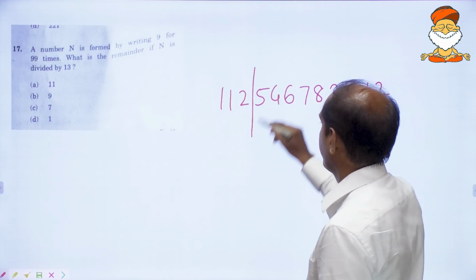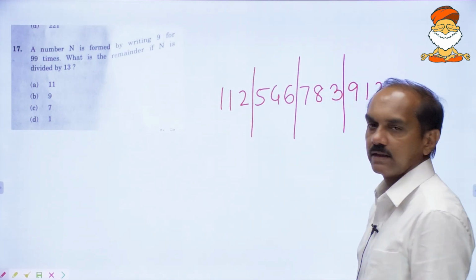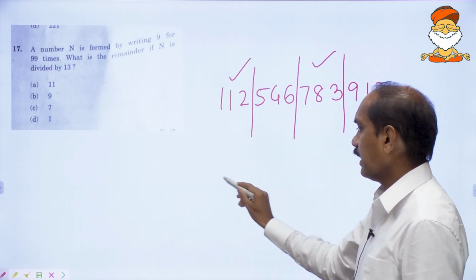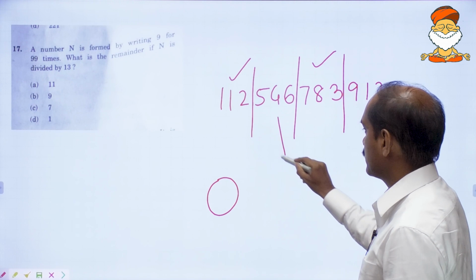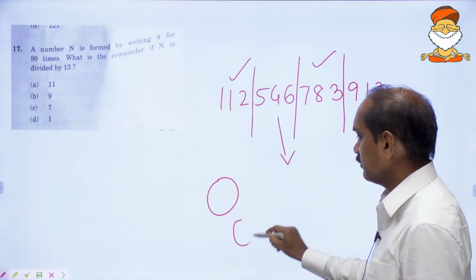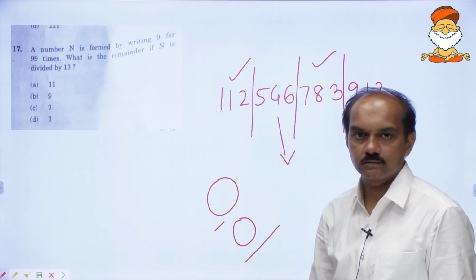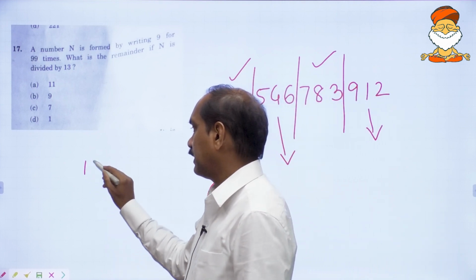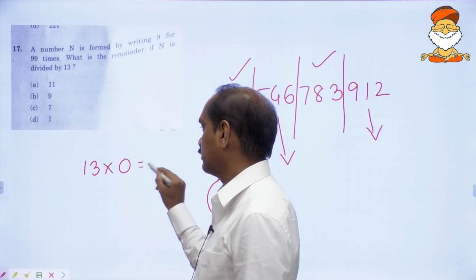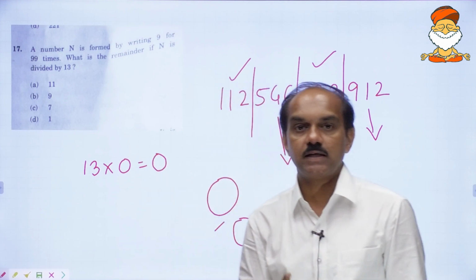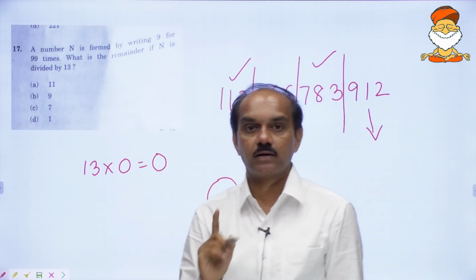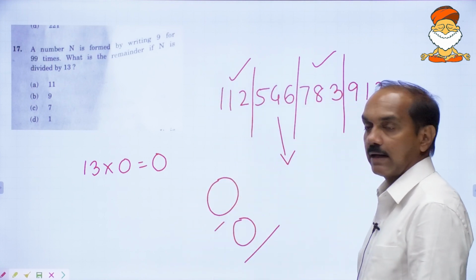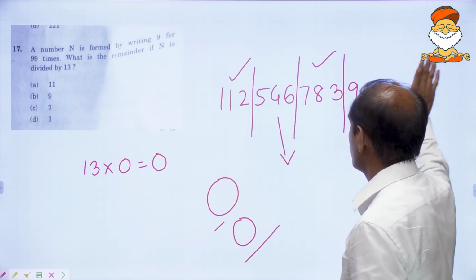Take these two groups separately, add them. Take these two separately, add them, check the difference. And one more important thing. 13 zeros are 0. Meaning 0 is divisible by 13. This is one more crucial point. 13 can divide 0 as well.